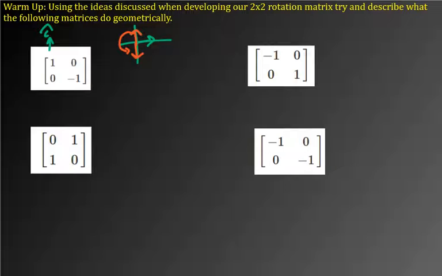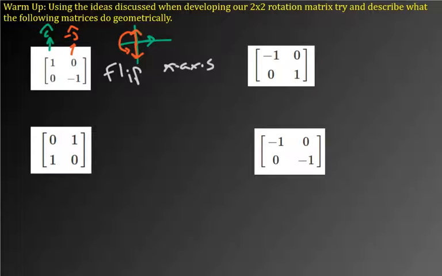And so this is negative j hat. So generally speaking, that matrix is going to act as a flip across the x-axis. Anything on the x-axis would stay put, but anything else is just going to flip over, okay?